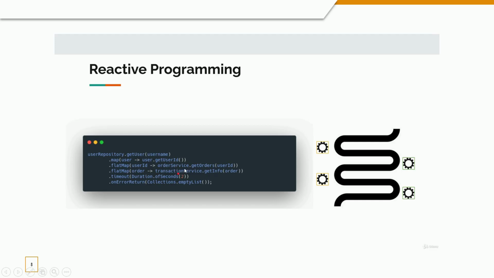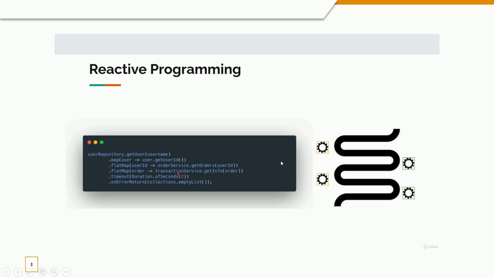From the flatMap, by using orderService.getOrders, we are passing the user ID, and also transactionService.getInfo, and we are passing the order for it, and the time duration is 2 seconds. If there is any error, on error we return Collections.emptyList, we are returning the empty list.